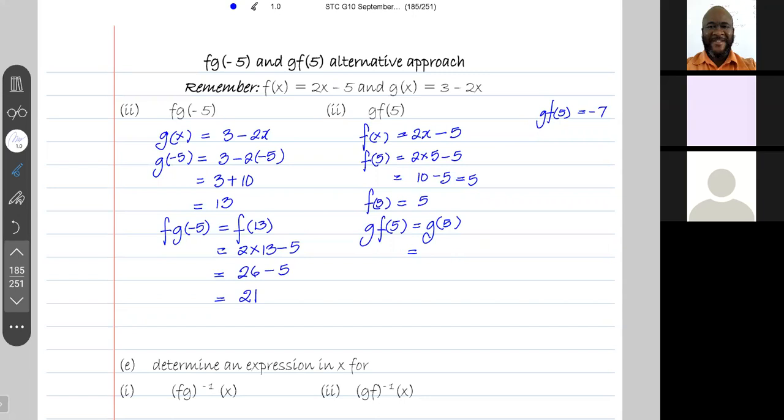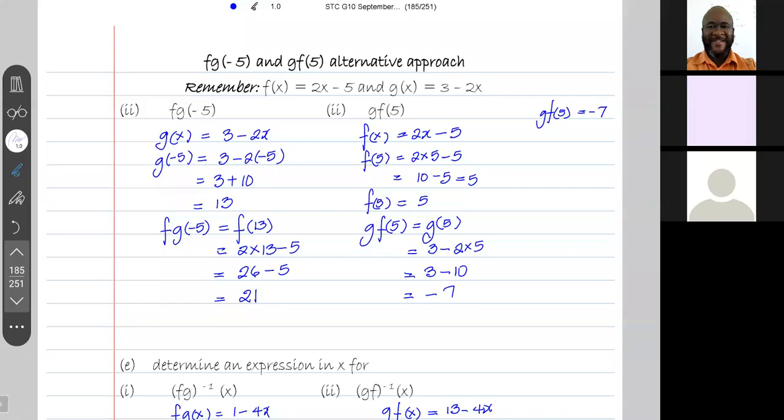So in g, wherever I see x, I'm going to put 5. So this is 3 minus 2 times 5. So we have 3 minus 10. The answer here is minus 7. G of f of 5 is minus 7 using the alternative approach.